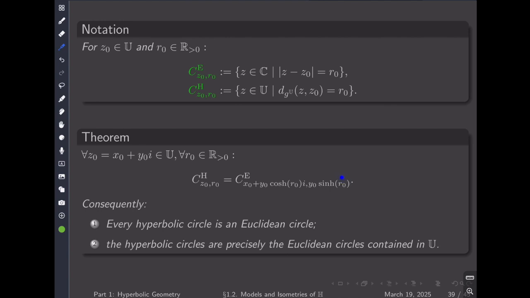So you see the radii are not the same, and also the centers: the Euclidean center is not the hyperbolic center.